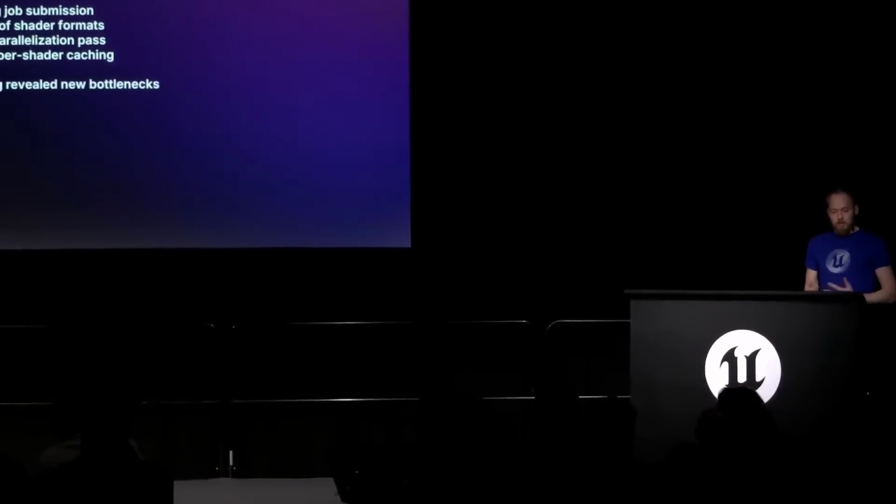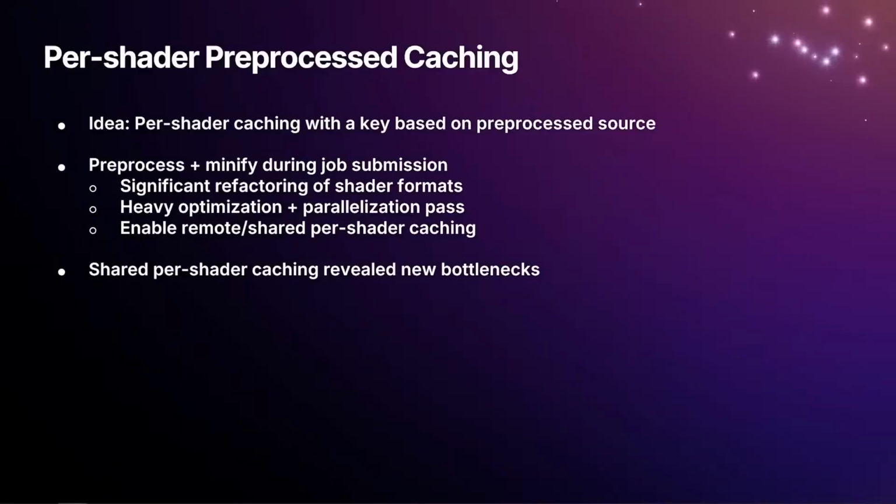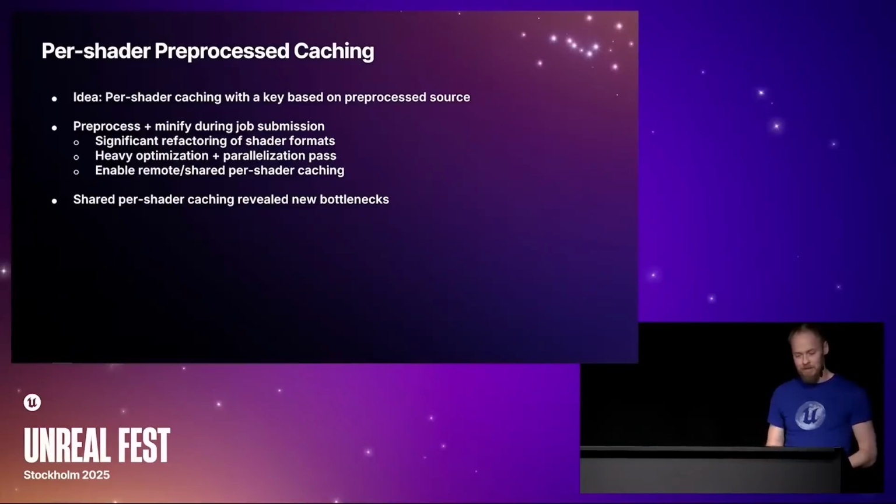Now, the final step here revealed some bottlenecks within DDC. Most notably, that the shared file system DDC mechanism just couldn't handle the load of millions of requests during a cook. This actually became the primary cook bottleneck and slowed our cooks down, so it was kind of taking us backwards. However, we have Zen server.